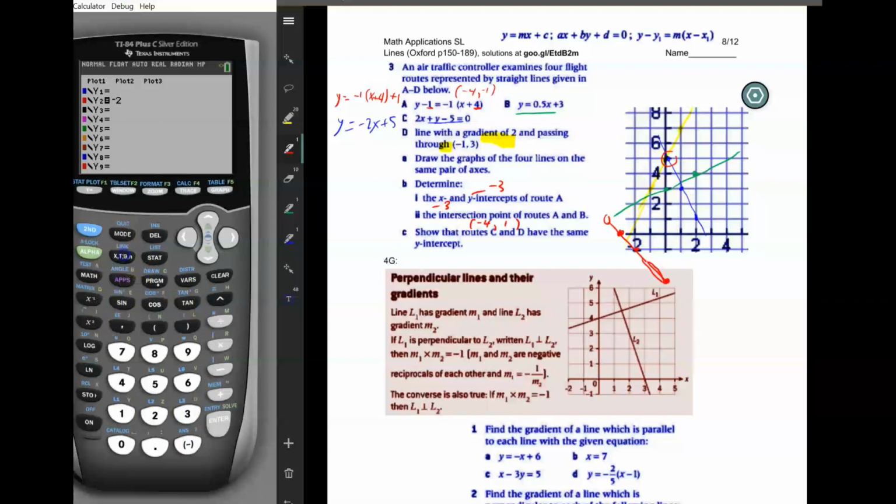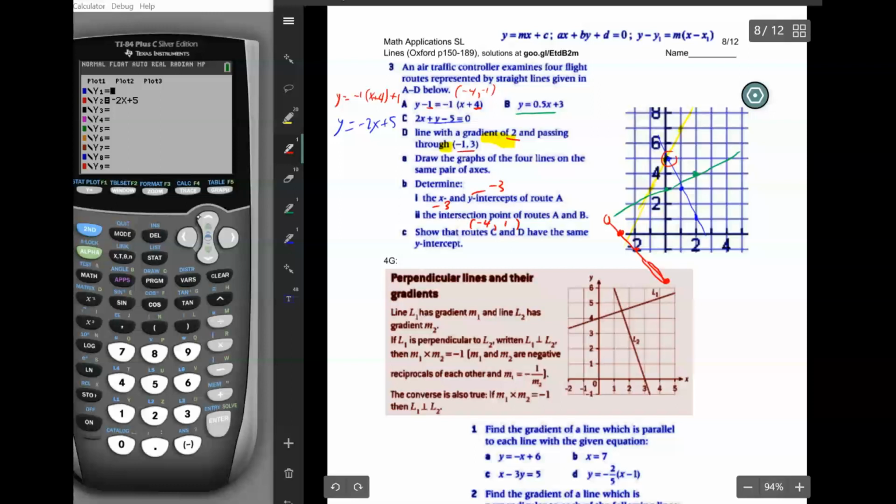Okay, so C would be -2x plus 5. And then D would be a line with gradient of 2 passing through -1, 3. So what form is convenient to write that in? It would be point gradient form, because they gave us the gradient and they gave us a point.